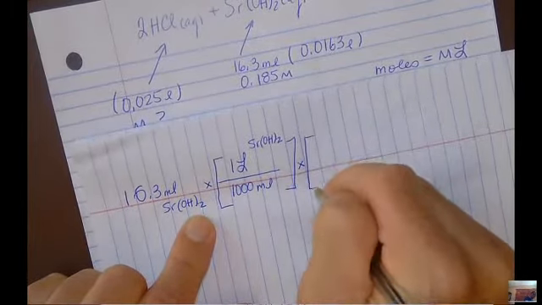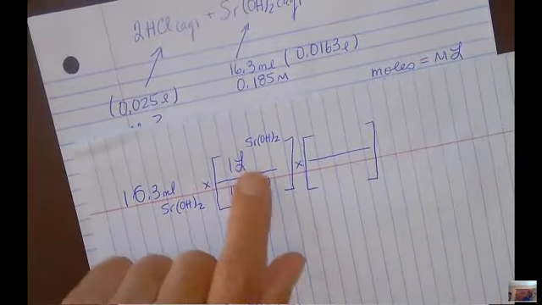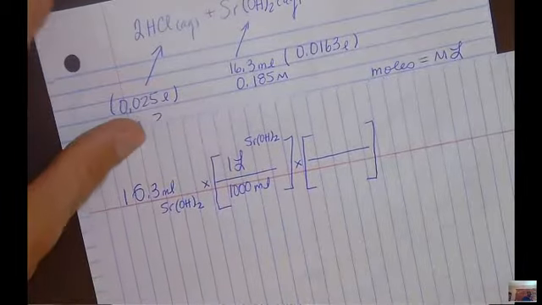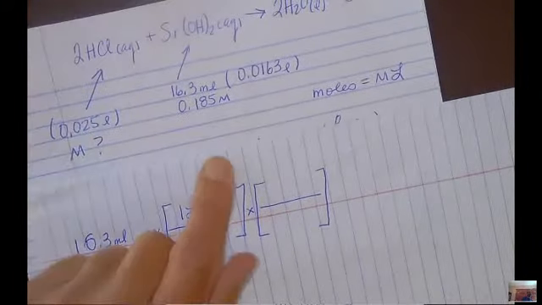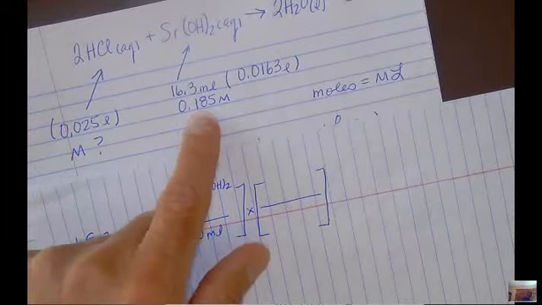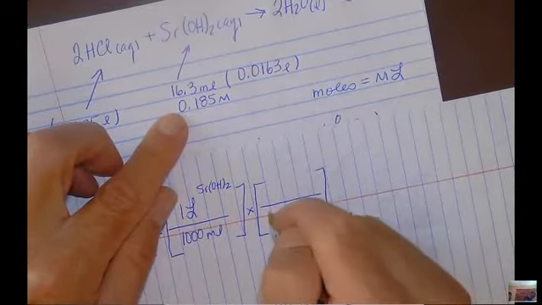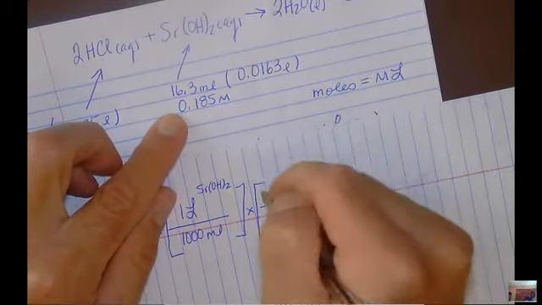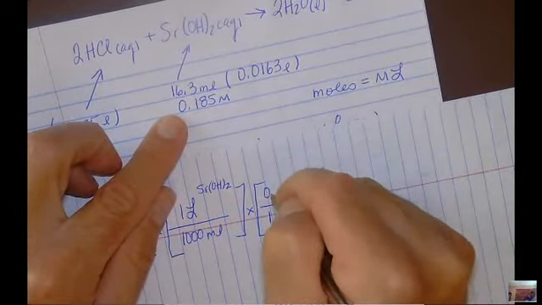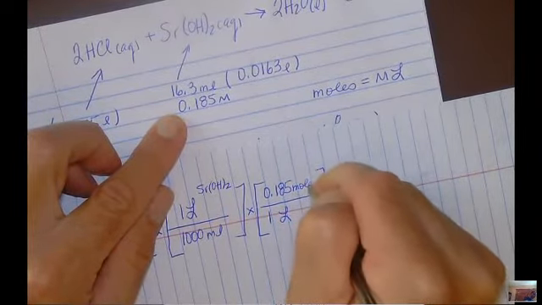Now, this is kind of cool. I'm in liters of strontium hydroxide. How do I get to moles? Well, the way I get to moles is I'm going to use this as a conversion factor. What does this mean? Well, this means that in every 1 liter of solution, there are 0.185 moles of strontium hydroxide.